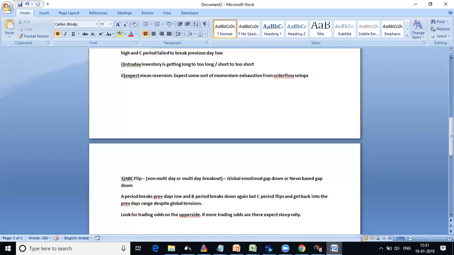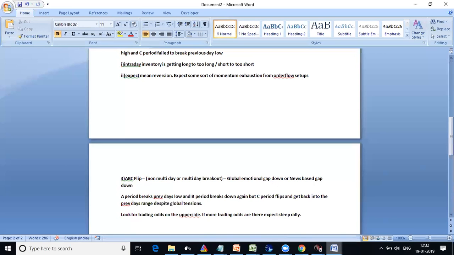When global tensions are going up, despite that, the price is still trading inside the range, that is a sign that the point of control is most likely to build inside the previous day's range. Because the ABC flip is one place where you can easily identify that it is not a serious seller. The morning sellers are not serious sellers, so price is going to rotate back.